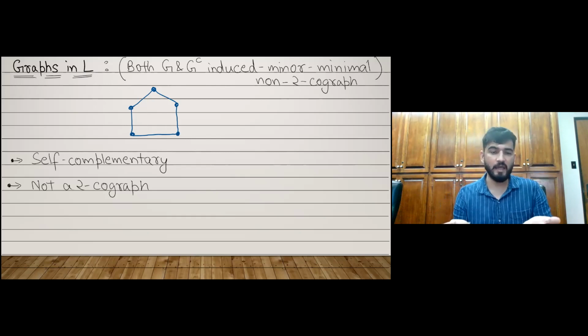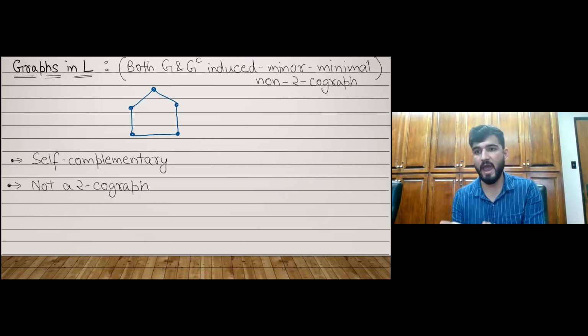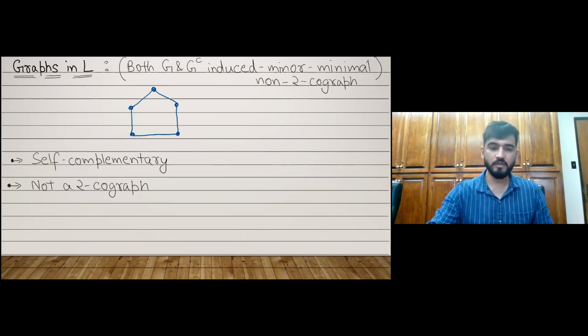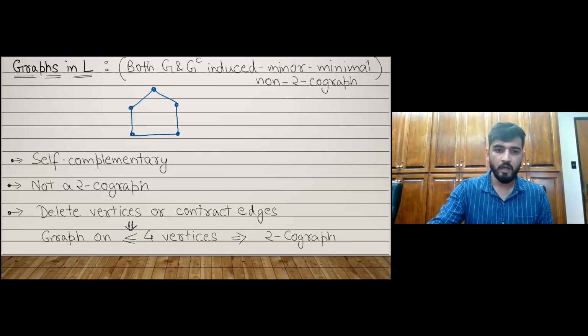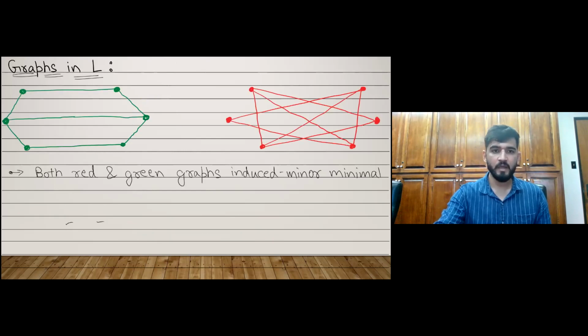And the answer is, yes, it is not a two-cograph because the 5-cycle is 2-connected, and the complement is again a 5-cycle, which is 2-connected. You cannot have an induced subgraph which is 2-connected with the complement also 2-connected in two-cographs. So this is not a two-cograph. And when you delete vertices or contract edges to get a proper induced minor, you get a graph on at most 4 vertices, which means a two-cograph. So this is a graph in L.